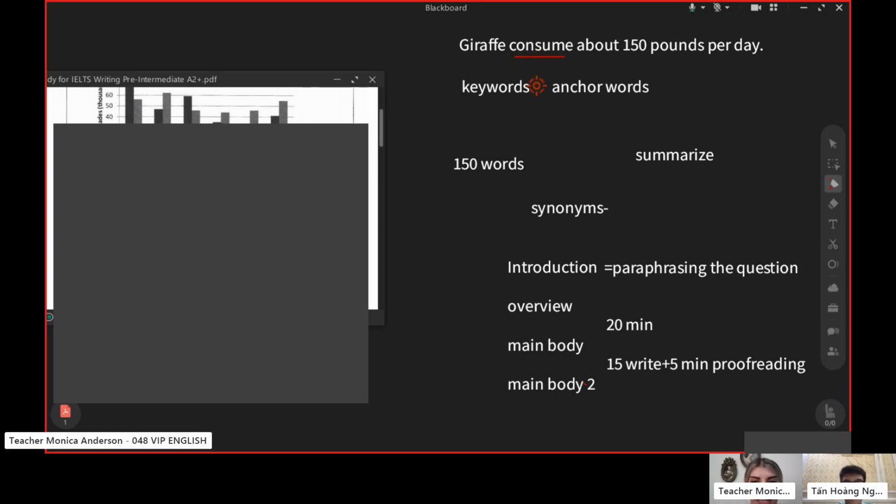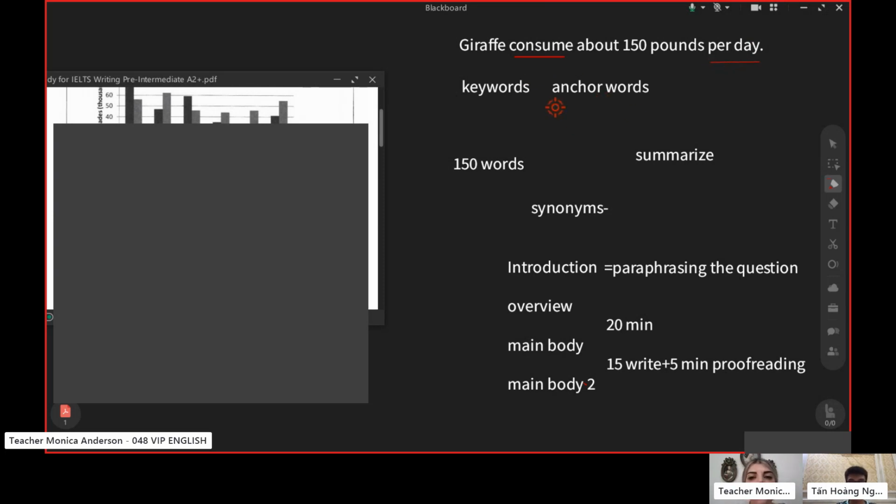This word can be a keyword because that is really important because it carries the meaning of the sentence. If I remove it, I don't understand the meaning of the sentence. And I can use a synonym for it. So this is a keyword. And for example, per day, maybe I can find a synonym.